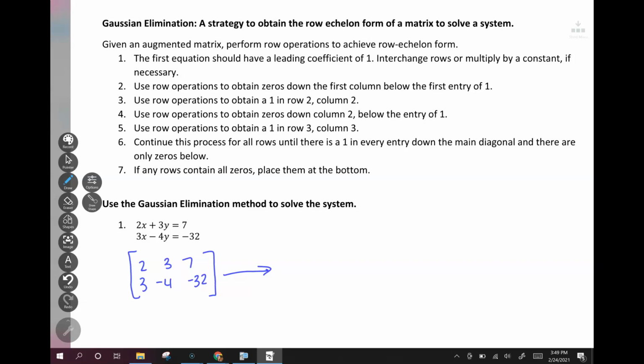Now, to obtain a 1 in the first row, first column, there's multiple options that you have, right? You can do any combination of those 3 row operations that we just talked about. My first instinct here is to switch row 1 and row 2. Okay, so I want to switch those.